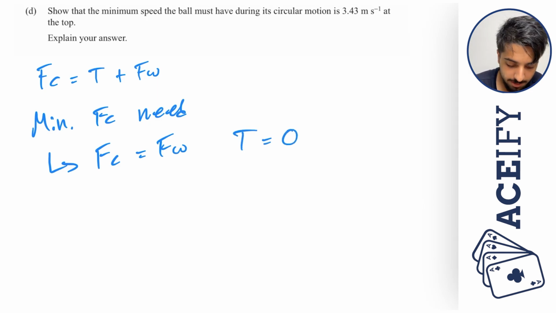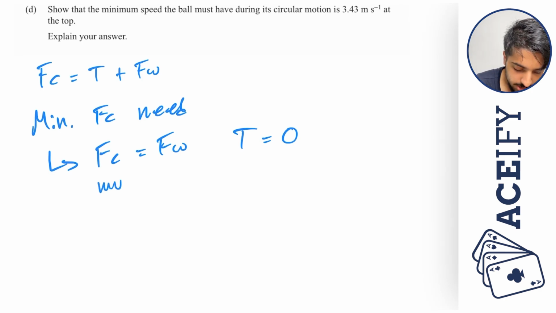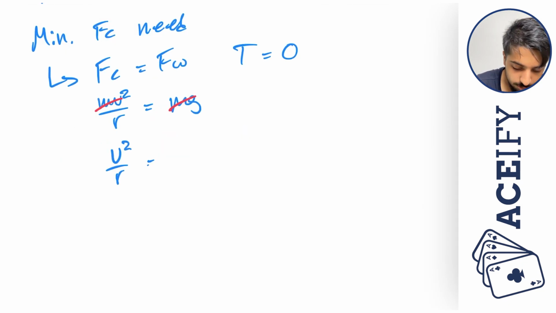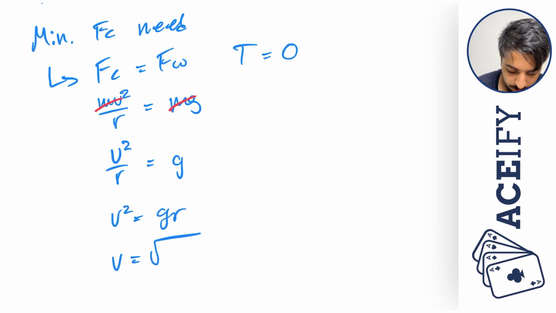And so therefore, FC is equal to the weight force, and therefore mv squared over r is equal to mg. As we have masses on both sides, we can cancel those out, and therefore v squared over r is equal to g, and therefore with some rearranging, we can see that v squared is equal to gr, and therefore v is equal to square root gr.